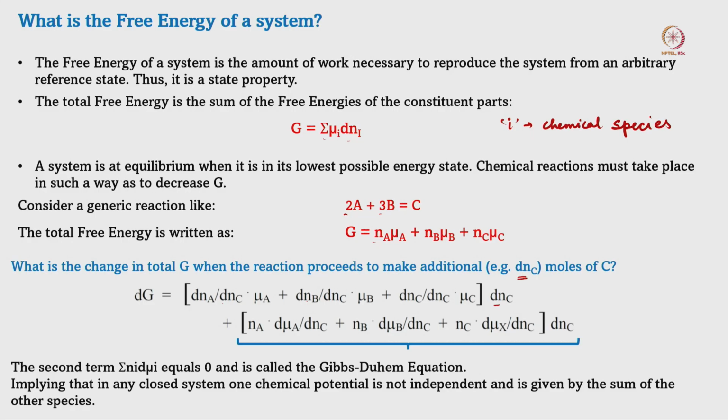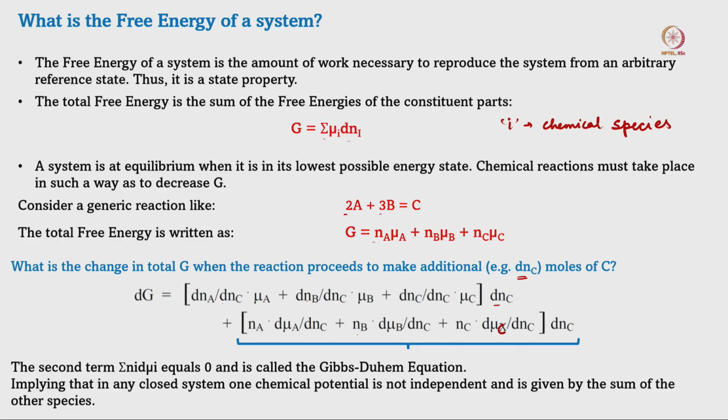Now, this term is constant and you are only differentiating the mu terms. So, na into delta mu a divided by dnc, plus nb into delta mu b by dnc, plus nc into delta mu c, divided by dnc, and the whole term again multiplied by dnc.